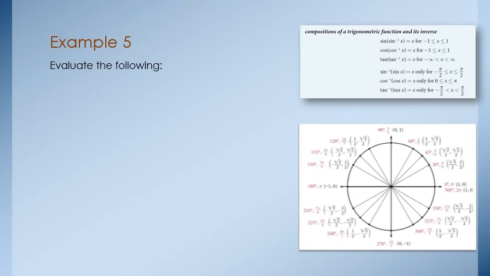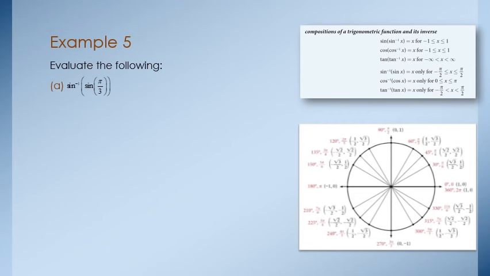So let's look at an example. Evaluate the following. Notice over on the right, I have included what we just showed, the composition of trig functions and its inverse. I've also included a unit circle because a lot of times we can get these answers by just looking at the unit circle. So the first one says sine inverse of sine of pi over 3.